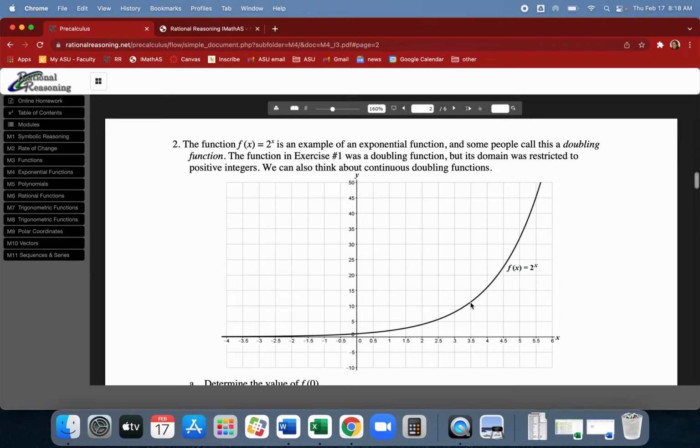In fact, reminder point here, if I say 2 to the 0.5 power, a 0.5 power means the same as some other phrase we use. What other term do we use for a 0.5 power or a 1/2 power? Square root, right? Yeah, a 0.5 power is the same as a square root.